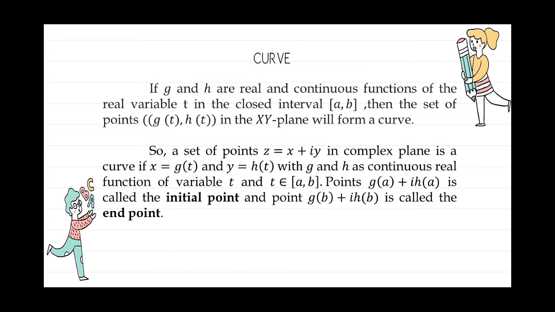So, a set of points z equals x plus iy in the complex plane is a curve if x equals g(t) and y equals h(t), with g and h continuous real functions of variable t and t an element of the interval [a,b]. The point g(a) plus ih(a) is called the initial point, and the point g(b) plus ih(b) is called the endpoint.